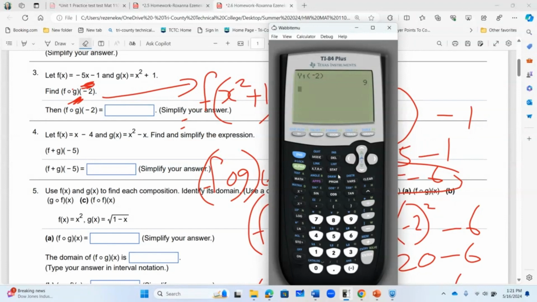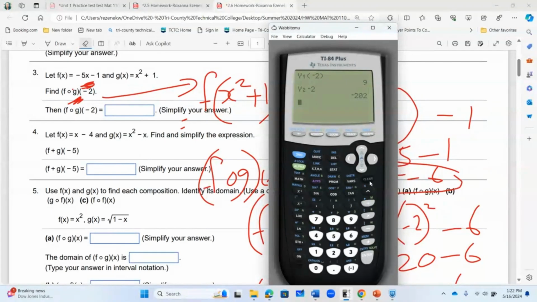It's inverse function y2 this time, -2. And let's see how this will be. It's not. I'm going to come back to this because it's a way I can do it with the calculator, but it's not working out. It's actually the way I put it in.